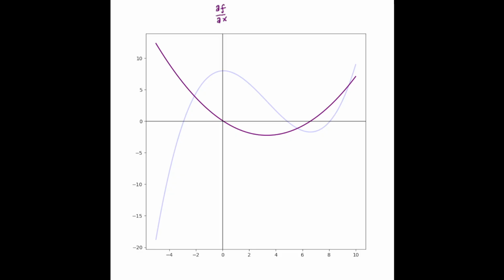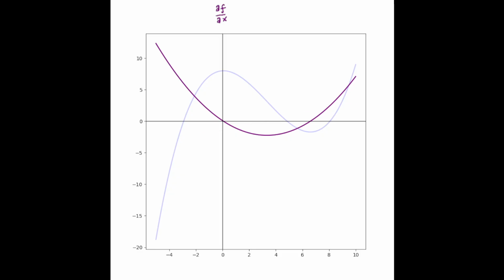So we have negative slope through there. Slope reaches 0 again there. That's why df dx is 0, and then it starts increasing again. So this is the graph of the original function, and this is the graph of the first derivative.